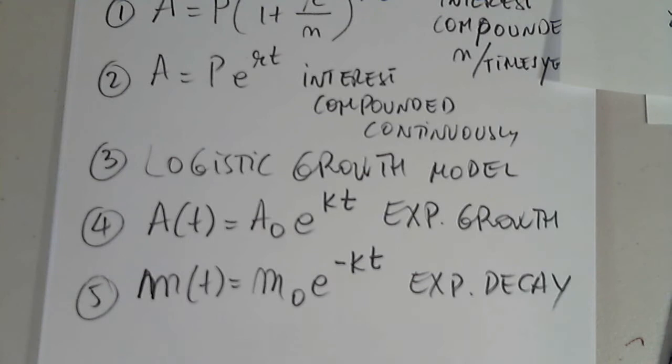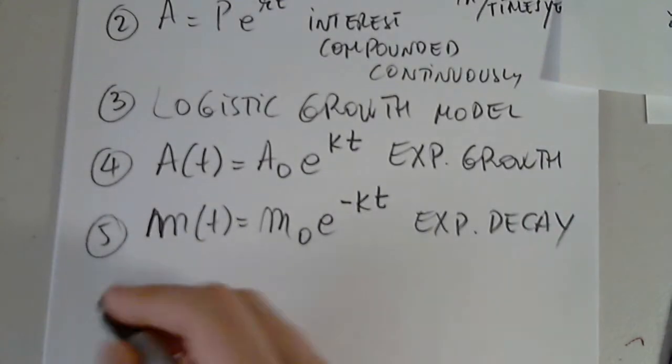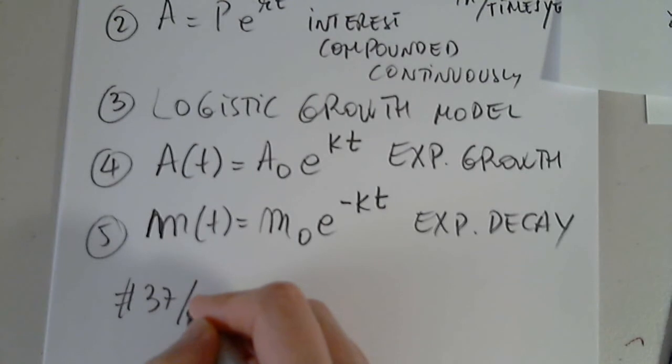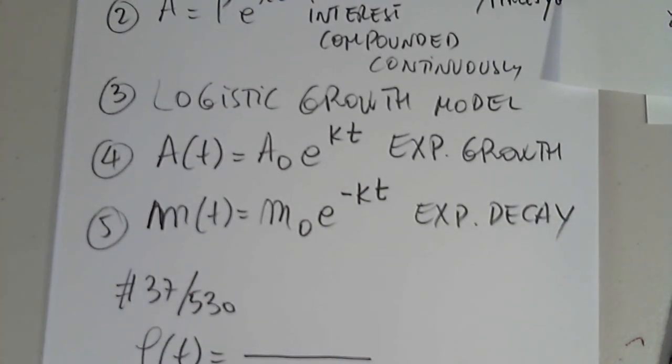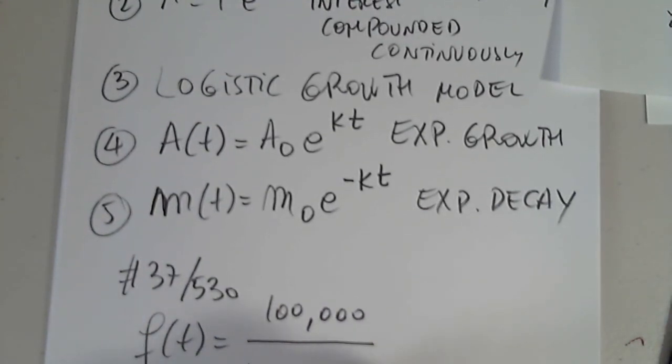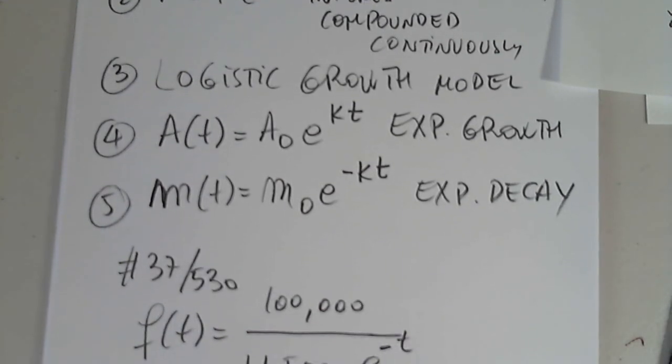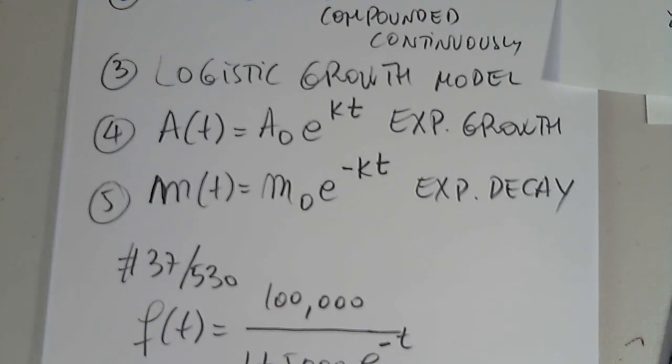Problem 37 on page 530. The logistic growth function, f of t equals 100,000 divided by 1 plus 5,000 times e to the negative t, describes the number of people, this is relevant today, f of t, who became ill with the flu t weeks after its initial outbreak in a particular community.